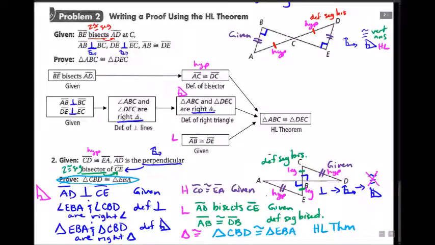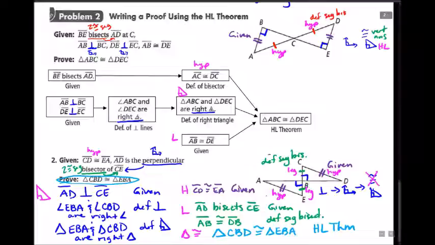As soon as we see bisect, we write two congruent, and who does it bisect? It bisects CE. Segment CE is being cut in half. So I have two congruent segments. So I find segment CE and I mark them congruent. And that's just by definition of segment bisector.